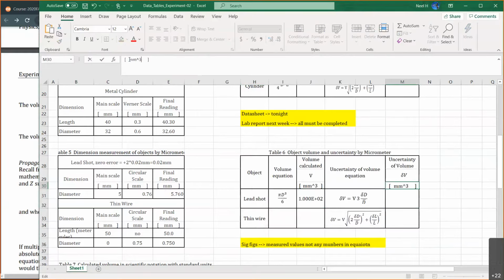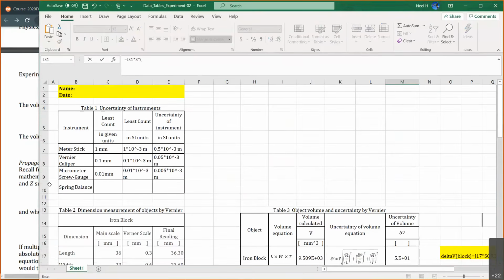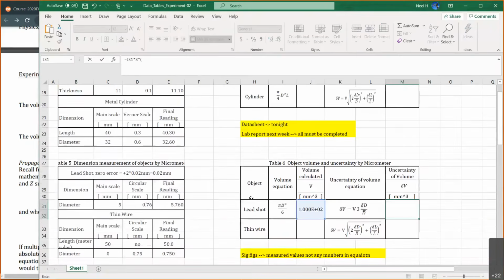Millimeter cube again. And let's calculate this equal sign. So I need the volume calculated here, multiply by 3, multiply by parentheses, the error of this measured value, the diameter, that is the uncertainty of the micrometer screw gauge, 0.005 in millimeter, right?